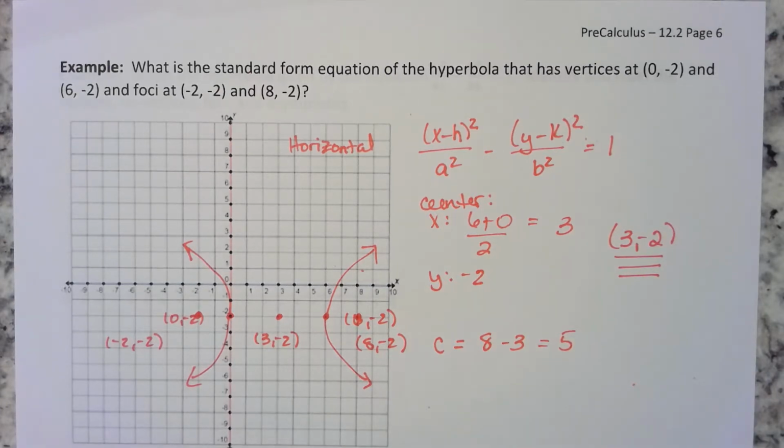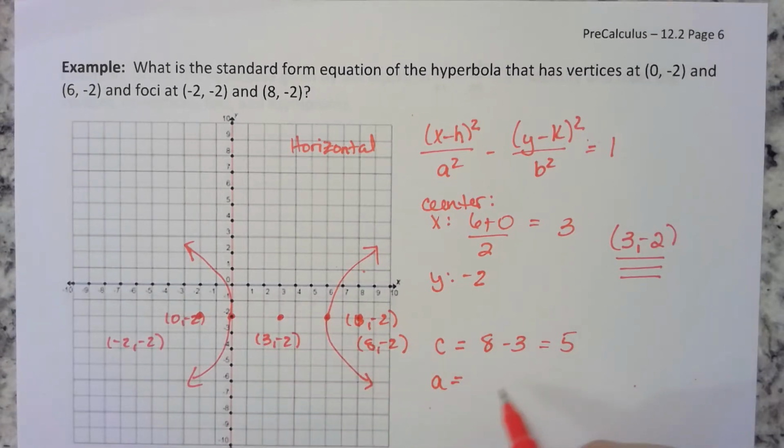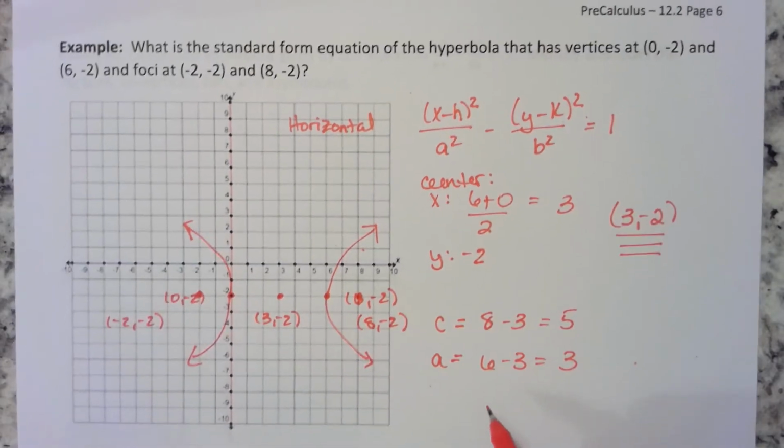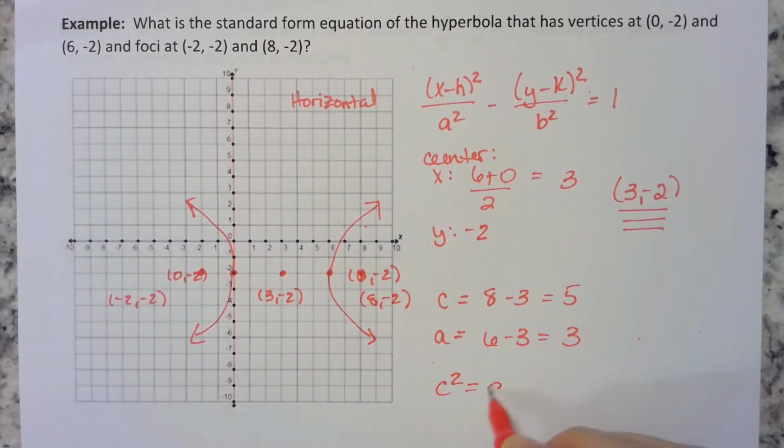What is the length of a? The length from the center to the vertex would be 6 minus 3, or 3. So we found our c, we found our a. We can use the formula c squared equals a squared plus b squared.